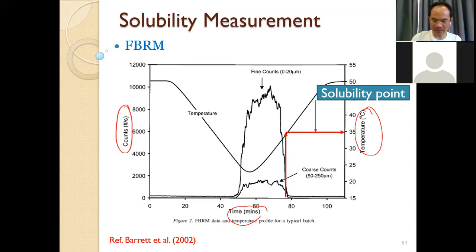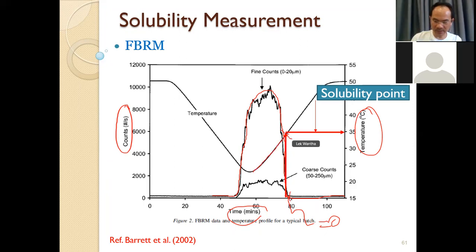The number of crystals increases until it reduces to the minimum. This is where the number of crystals is 0. What does it mean? There's no crystal. It dissolves into the solution. And this is the temperature.